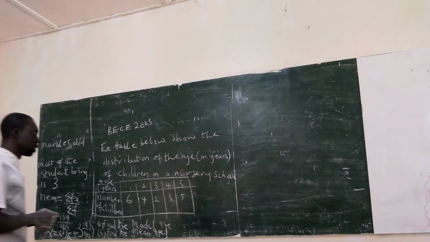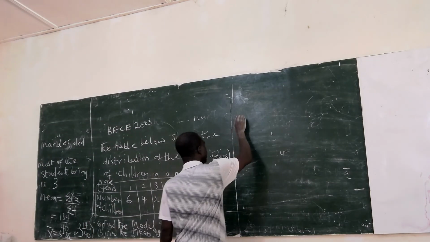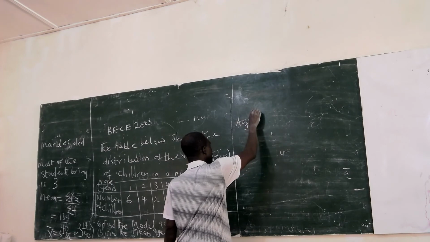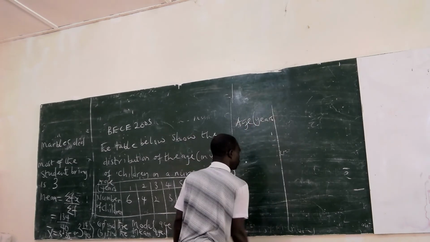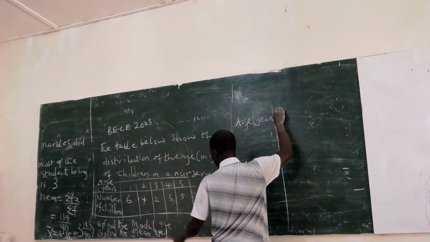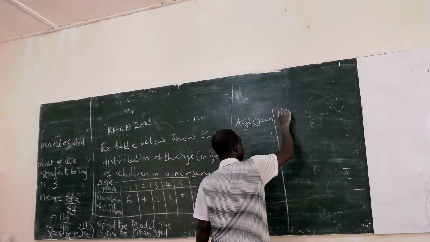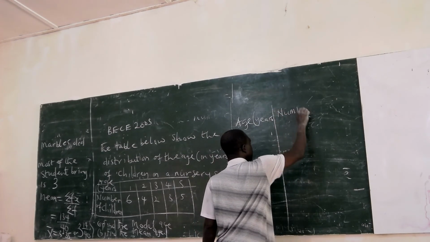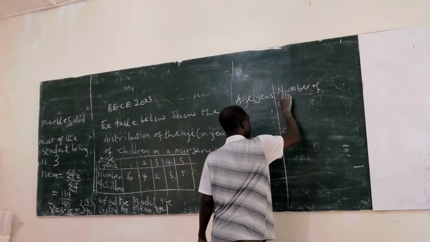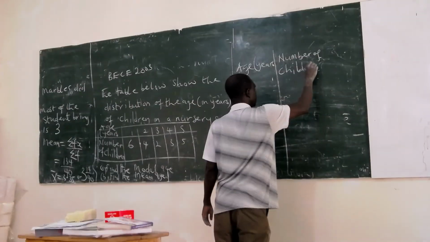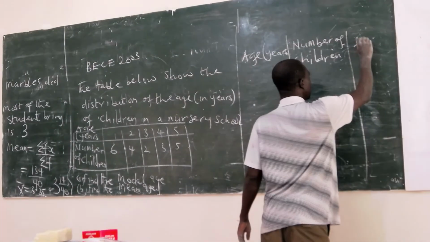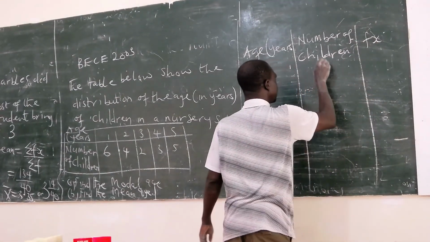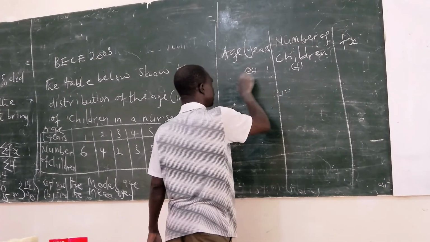So your solution is supposed to be age or years, followed by number of children, followed by fs. Here is f, this is fs.